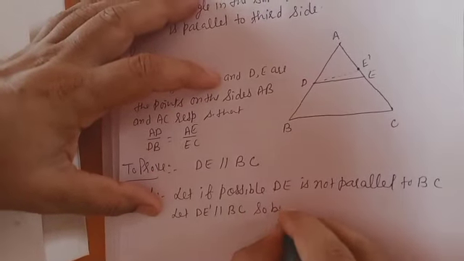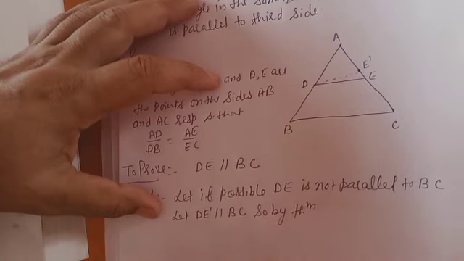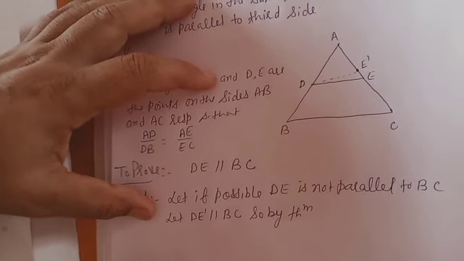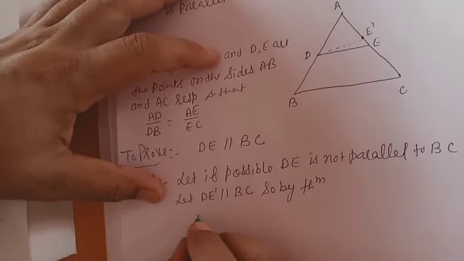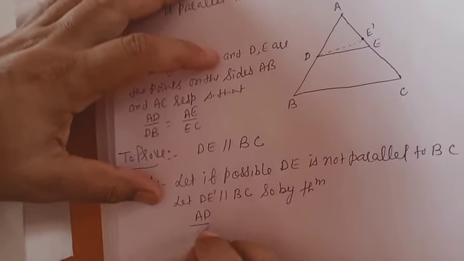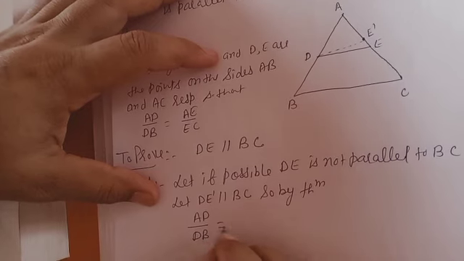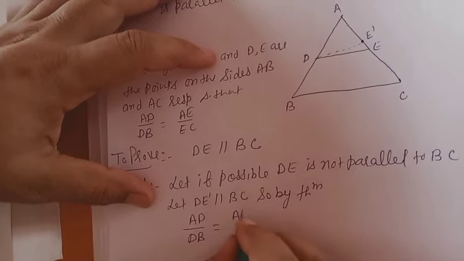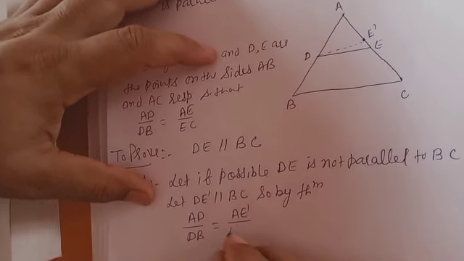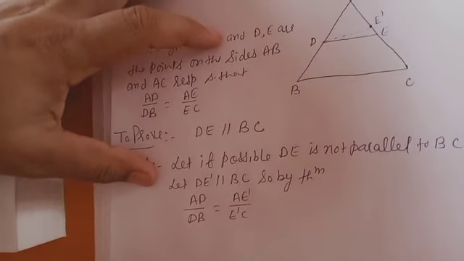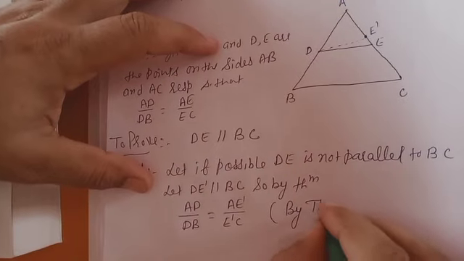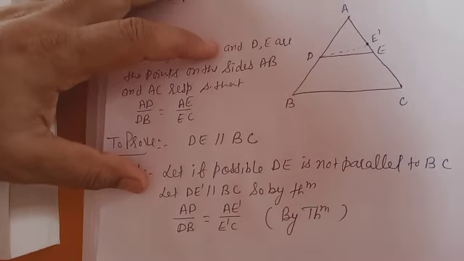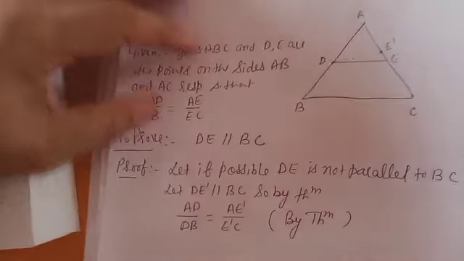So by theorem, which theorem? 6.1. What happened? AD by DB is equal to AE dash by E dash C. By theorem. In exam you cannot write just by theorem 6.1.